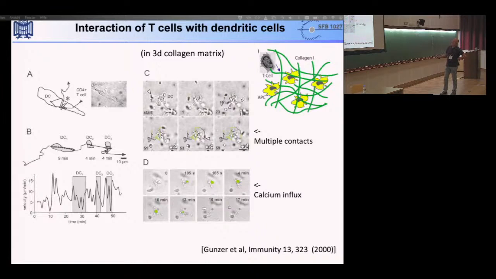So what you see here is dendritic cell number 1, dendritic cell number 2, here number 3. A T cell comes and checks this dendritic cell out. Didn't have this activating factor, then migrates to the next one, migrates to the next, and so on and so on. So you clearly see that there are stops at dendritic cells, and then it moves forward.